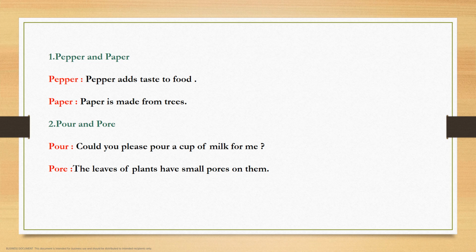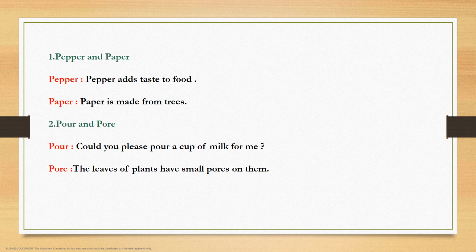So now you know where paper comes from. We have to cut trees to make paper. So be very wise in using paper. So dear students, have you understood the difference between pepper and paper now? And have you realized they both sound the same?